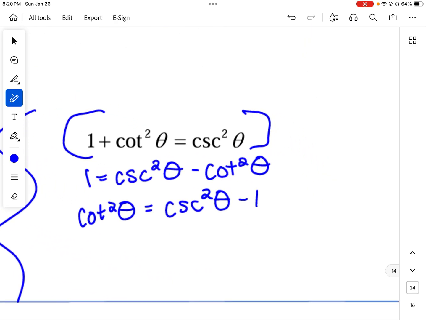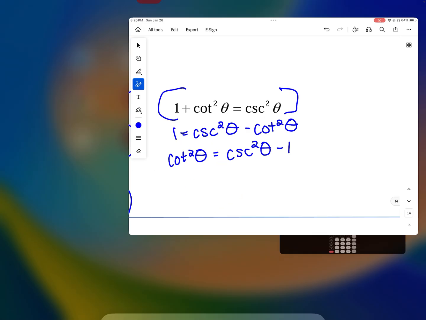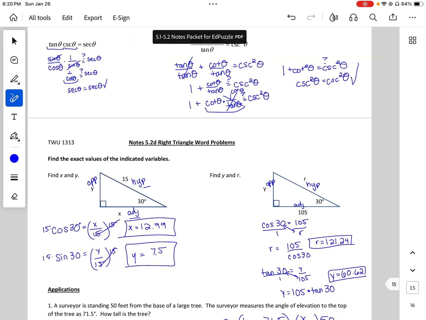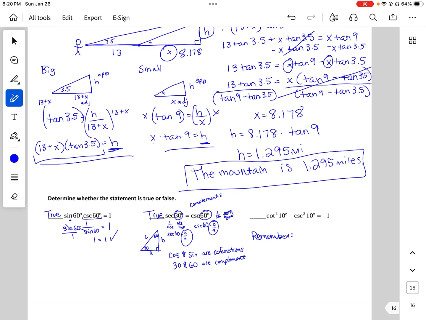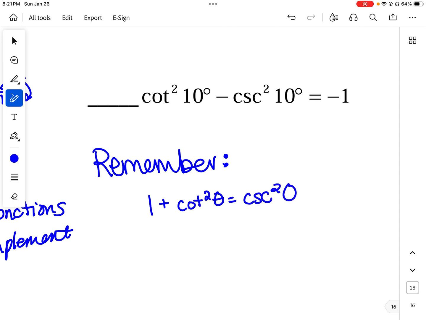It was this one right here. 1 plus cotan squared theta equals cosecant squared theta. Okay, so let's go back. Remember, these are on your formula chart too. 1 plus cotan squared theta equals cosecant squared theta.